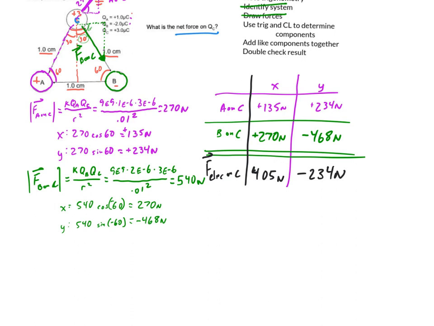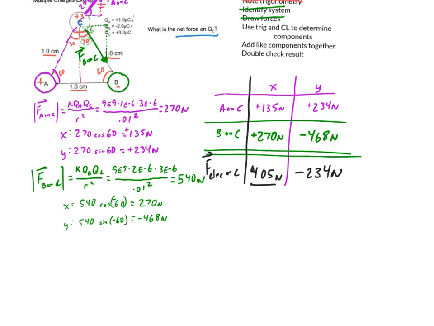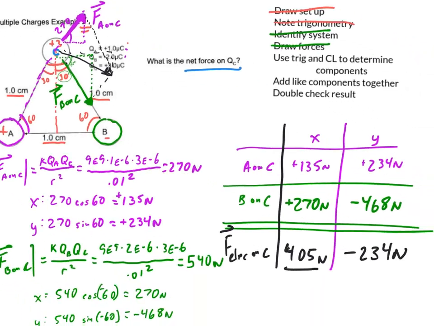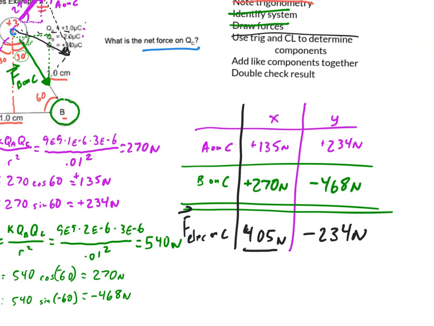So we're getting something that is very much so to the right and down. Looking at this, drawing a little parallelogram out of it, yeah, I get a result that is very much so to the right and down. That works. Trig's good. Adding like components was good. Double checking the result. I'm also going to do it one more way.